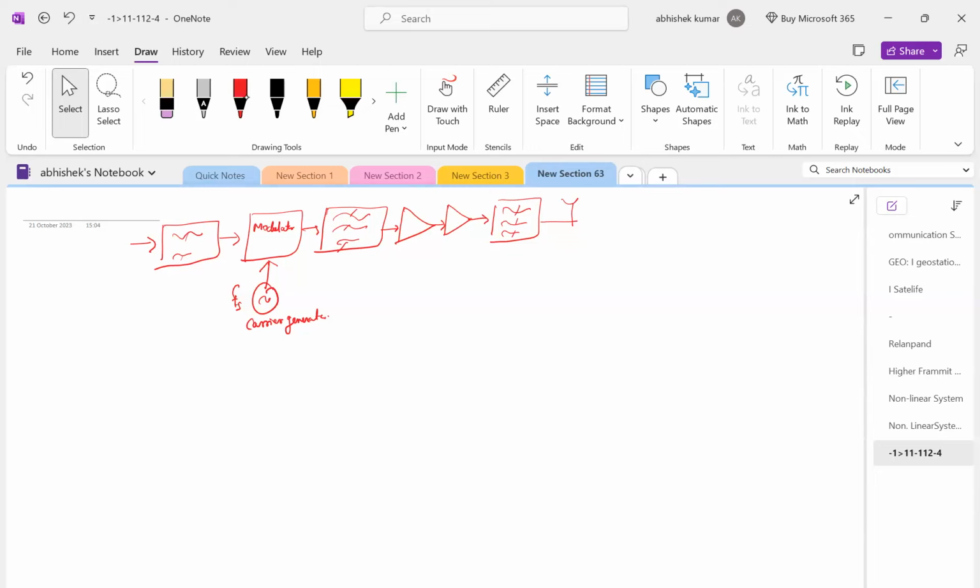Now we have a real amplifier behavior. Are you able to see the figure? Amplifier, page number 11/54. Just a second.